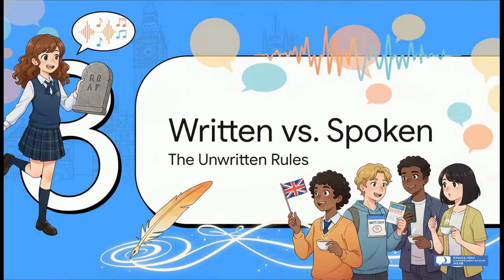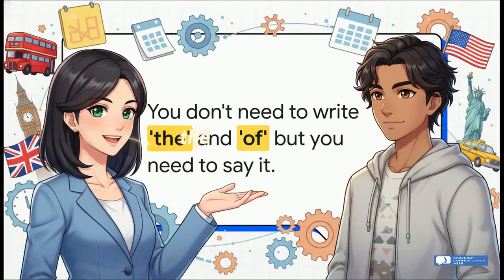Okay, so you've got the written rules down. Awesome. But what happens when you have to actually say the date out loud? This is where it gets kind of interesting, because what we say isn't always what we write, and this is especially true in British English. This right here, this is the golden rule for sounding natural. I'm telling you, in British English, there are two little words that just magically appear when you speak a date, even though you almost never write them down: the and of.